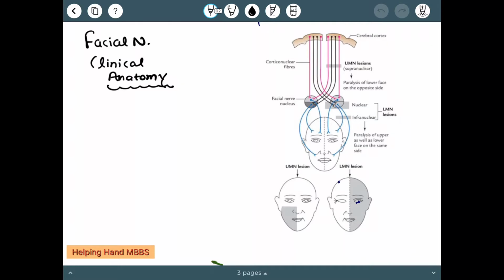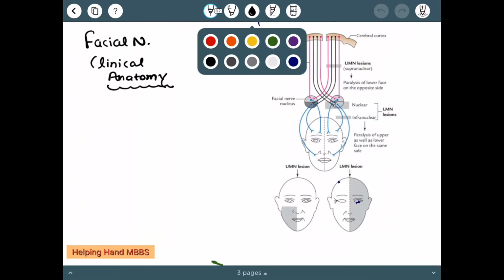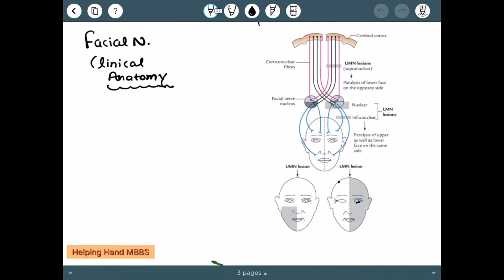As I have told you earlier, the facial nerve arises from the motor nucleus in the pons. Here what you can see is the motor nucleus located in the pons, and from here the fibers come and run into the facial nerve.